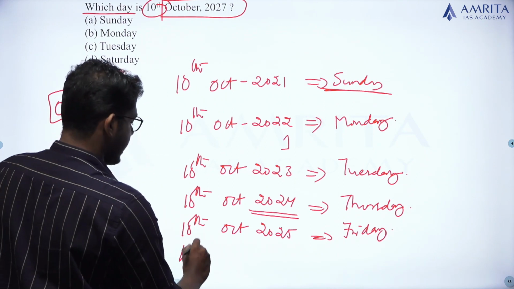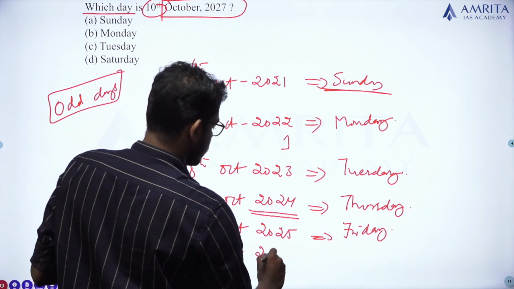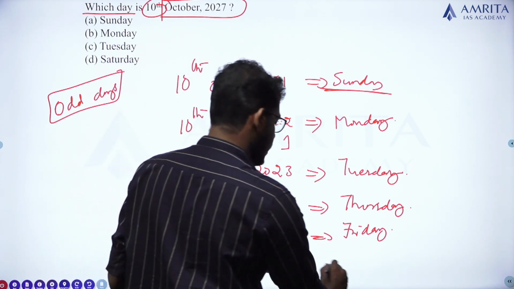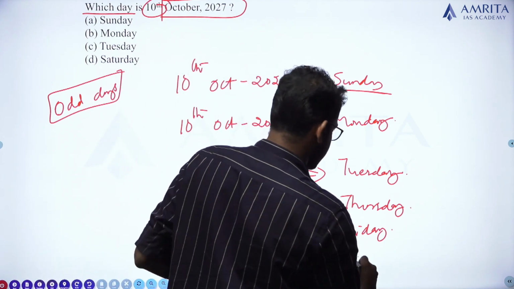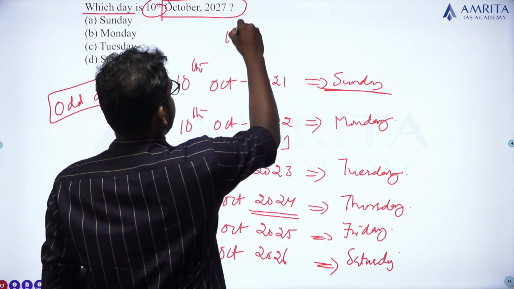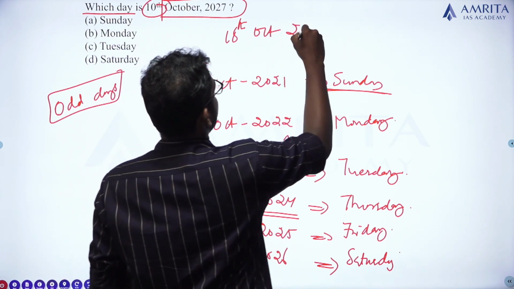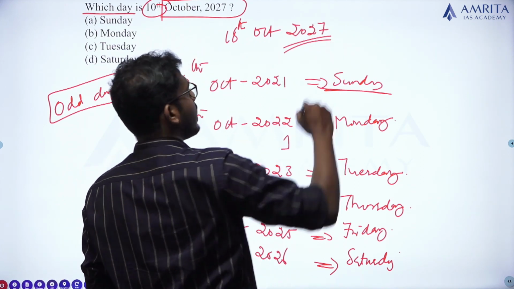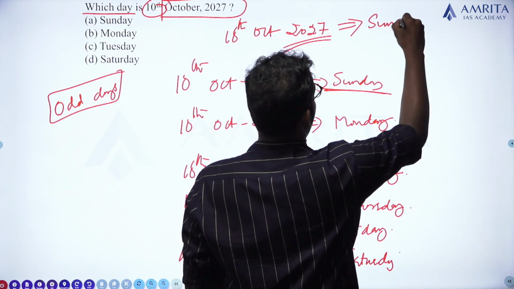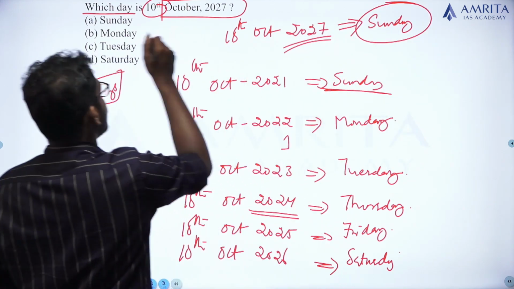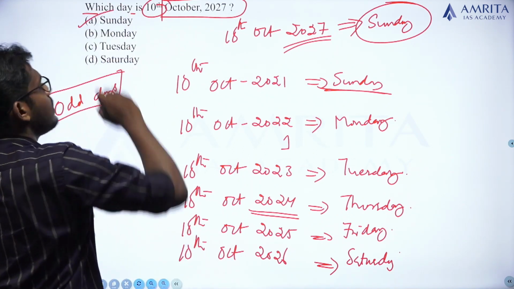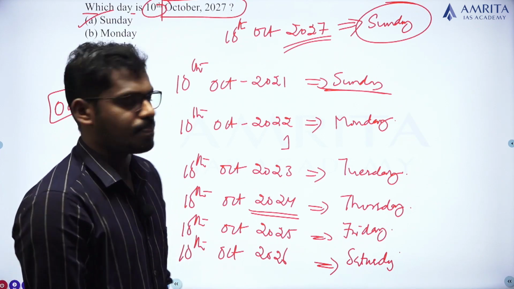The next is 10th October 2026. The year also has 1 odd day only, so Friday plus 1, it's Saturday. And the last one, 10th October 2027, this year also has only 1 odd day, so Saturday plus 1, it will be Sunday. So 10th October 2027 will fall on Sunday. Option A is the correct answer.